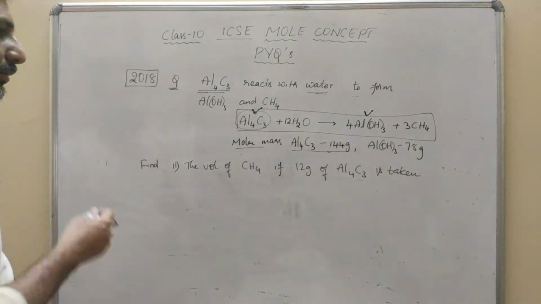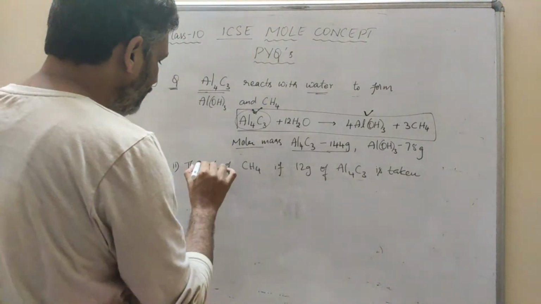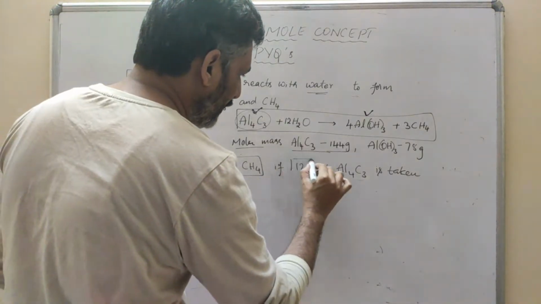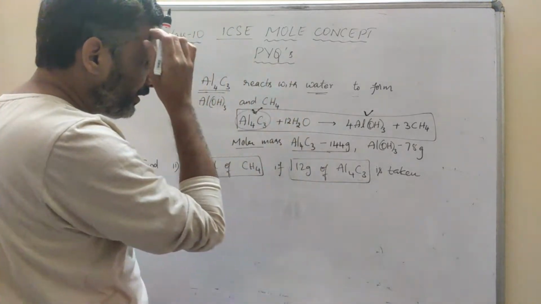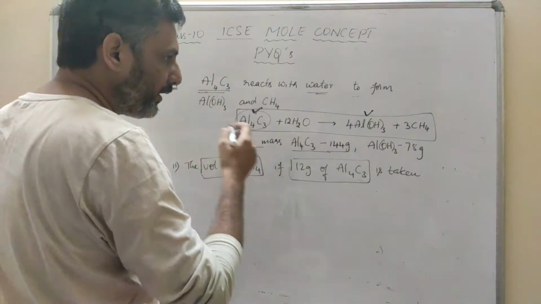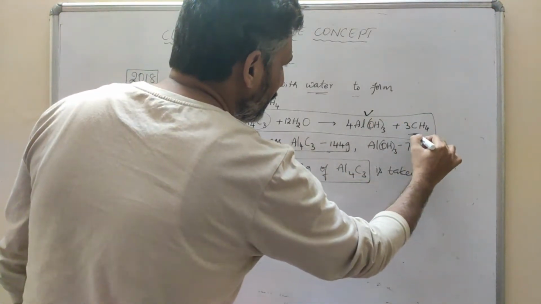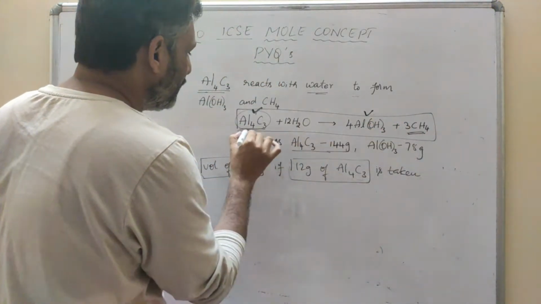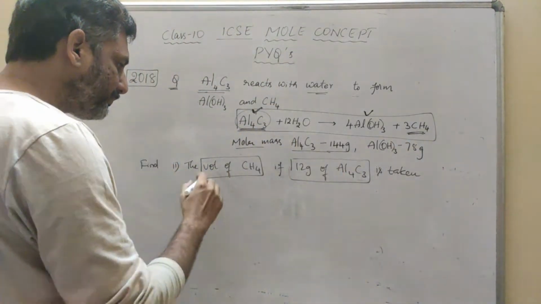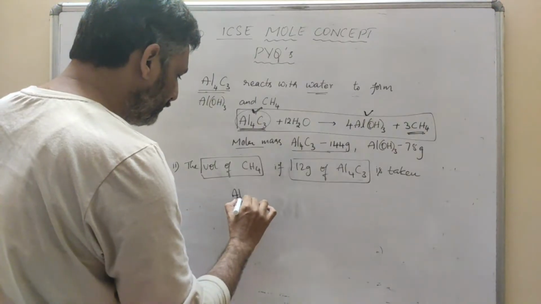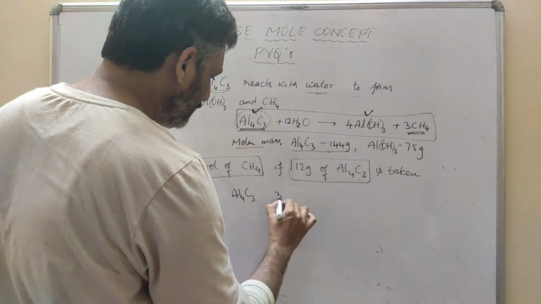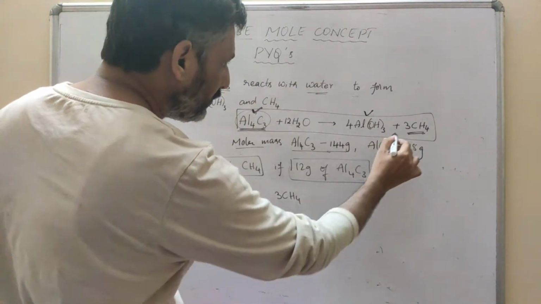Now it is the relation between the volume of CH4 and the mass of aluminium carbide. So again, we take aluminium carbide, Al4C3, and 3CH4.